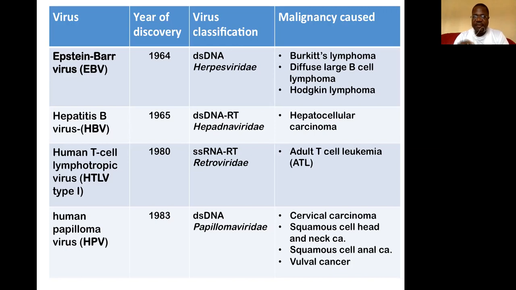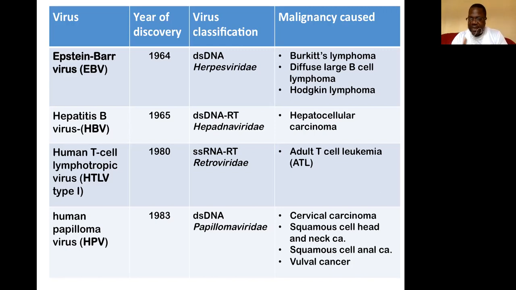Then hepatitis B virus, it's associated with hepatocellular carcinoma, that is the cancer of the liver. We will also discuss about that. Then we have HTLV type 1 is associated with adult T-cell leukemia, that is another type of cancer involving the blood cells. Then we have a human papilloma virus, or HPV.